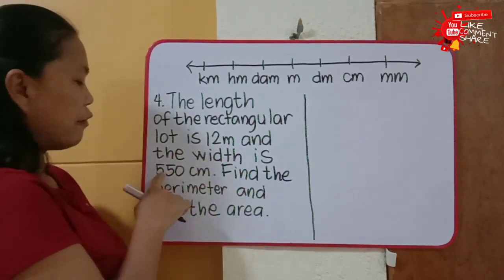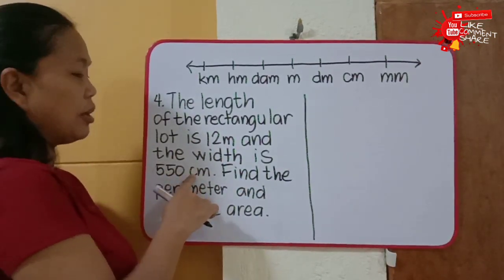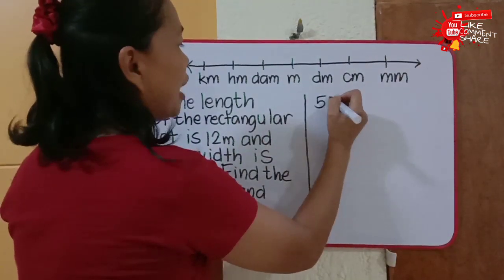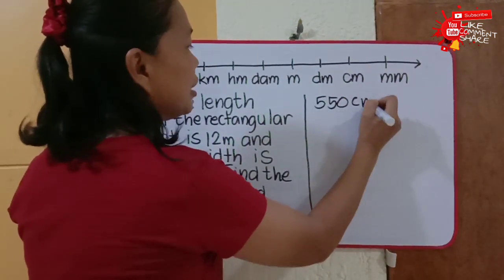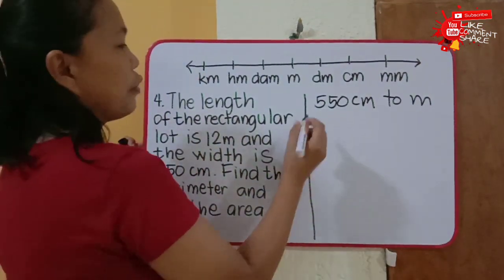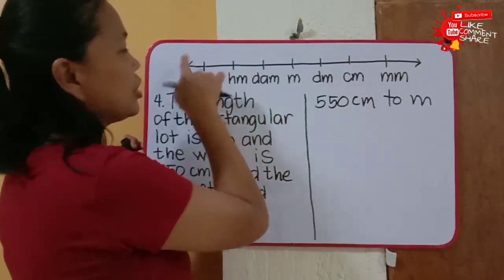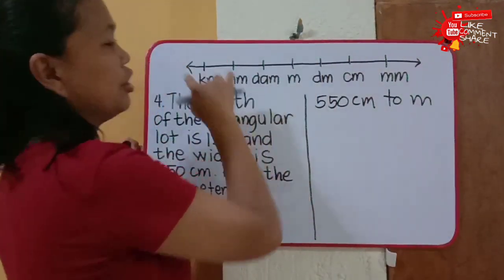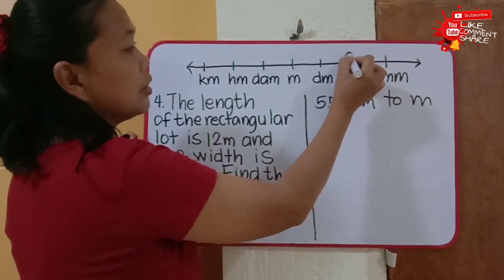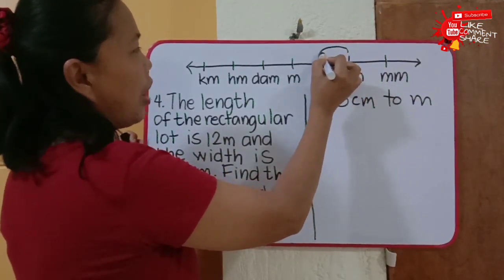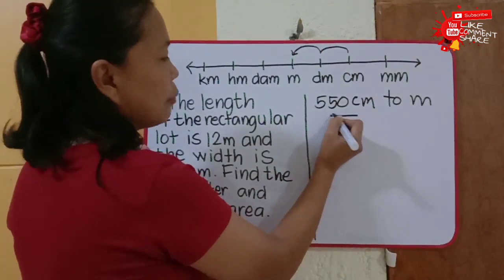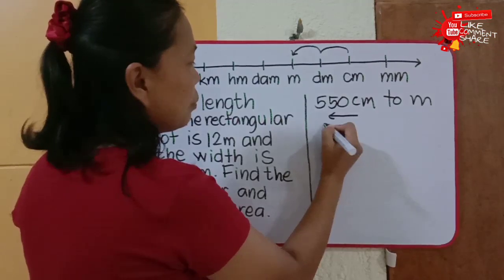So we change 550 centimeters to meters. From centimeters to meters, let us use the metric converter. So we have here centimeter, then count the number of places. 1, 2. So 2 places to the left. We will move the decimal point.